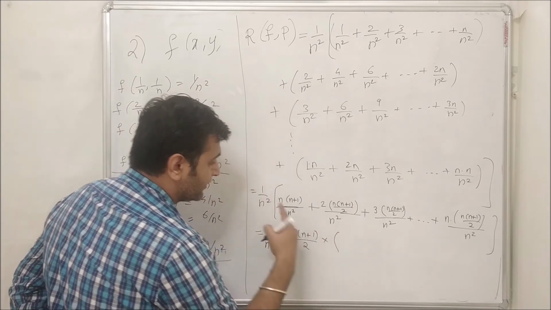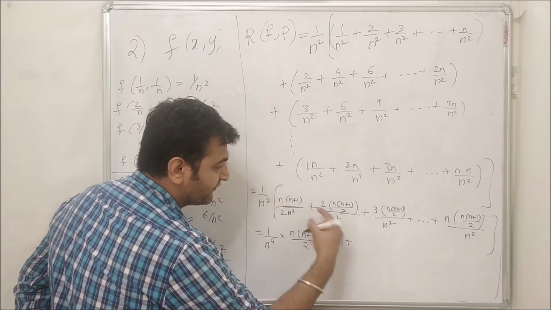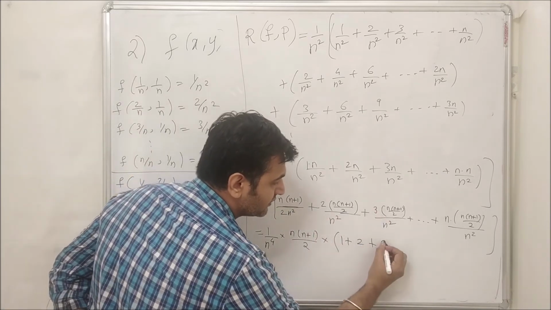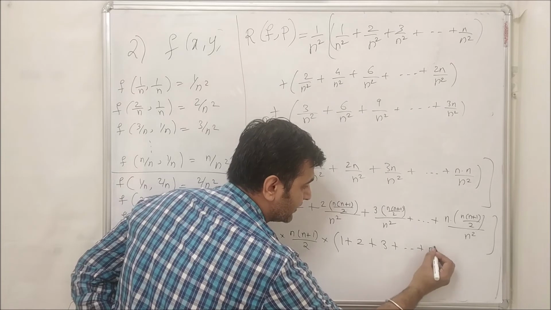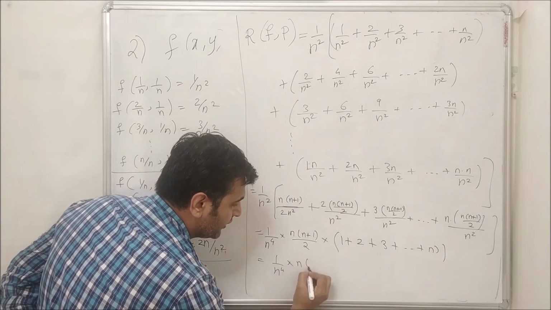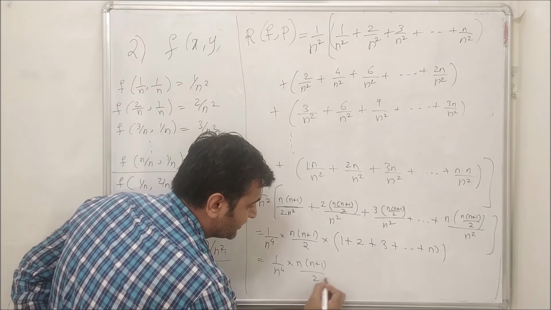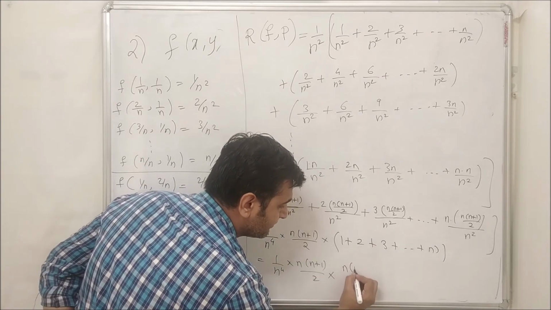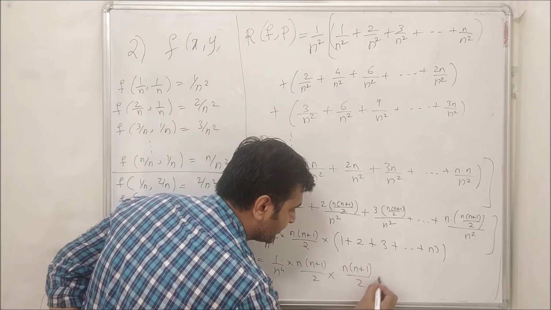Now what is left? Here nothing is left, so 1. What is left here? 2. What is left here? 3. Plus dot dot dot n. And 1 by n raised to 4 into n plus 1 by 2. What is this? Sum of first n natural numbers again, which is n into n plus 1 by 2.